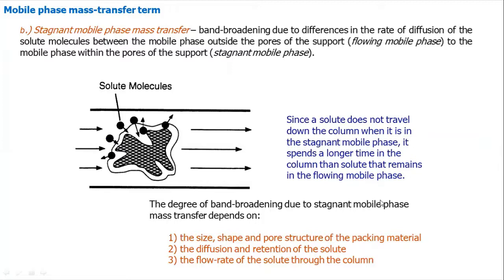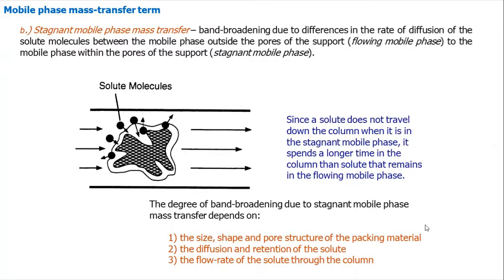So since a solute does not travel down the column when it is in the stagnant mobile phase, it spends a longer time in the column than solute that remains in the flowing mobile phase. So the degree of band broadening due to stagnant mobile phase mass transfer depends on the size, shape, and pore structure of the packing material.